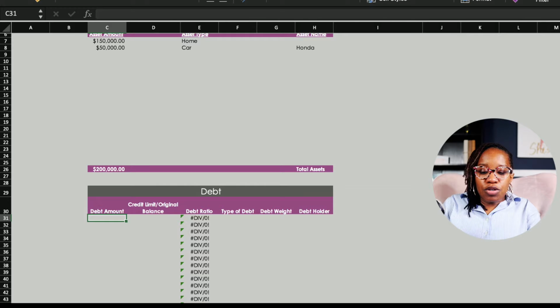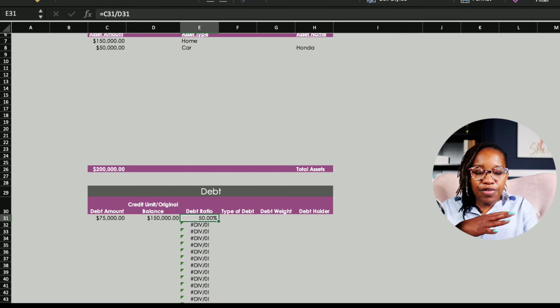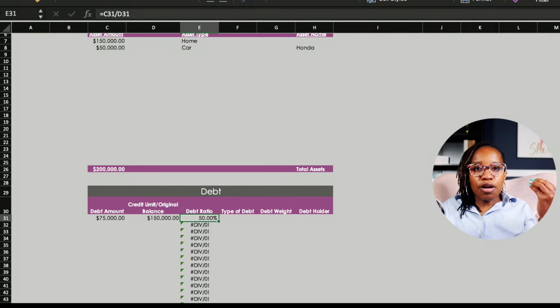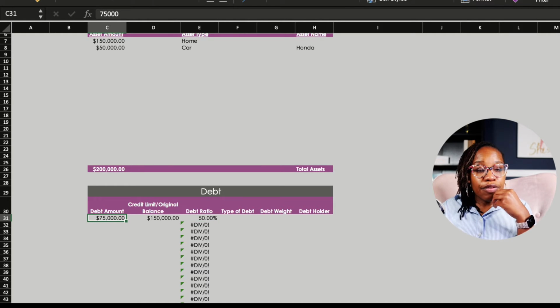So let's say that you still owe, I don't know, call it 75,000 on the home, right? But the original amount was 150, and let's just say that it didn't go up in value. But we know that that's not the case. Your home is usually going to appreciate. So then the tool tells you, okay, well, your debt ratio is 50%, meaning that you still owe 50% of that original debt amount, because we said, okay, we still owe 75,000 and the original amount was 150.